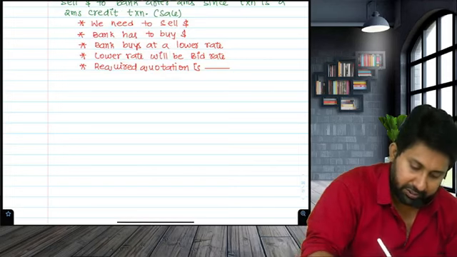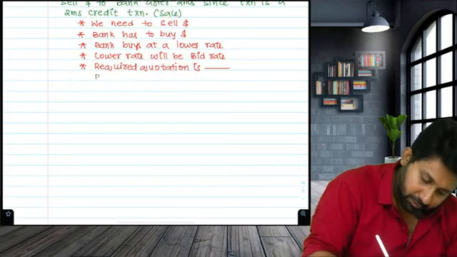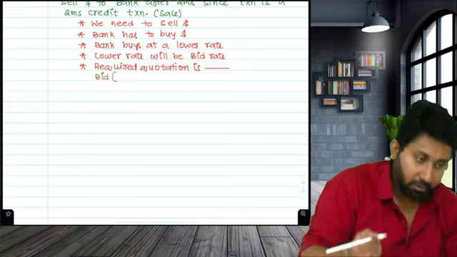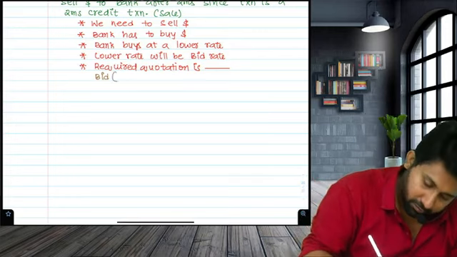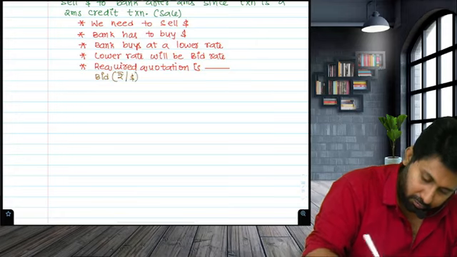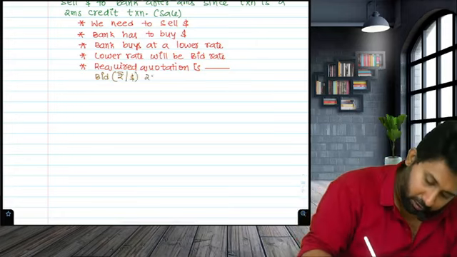Therefore, the required quotation is bid of rupee by dollar.